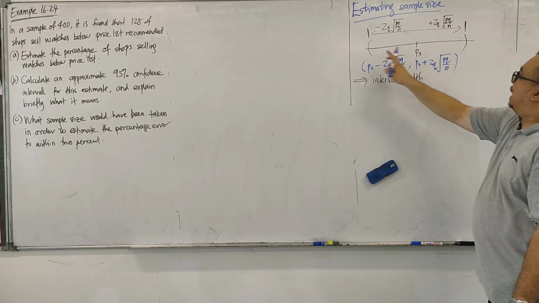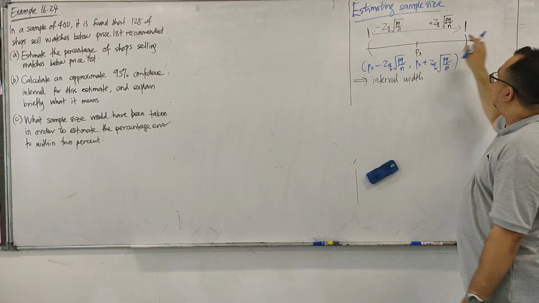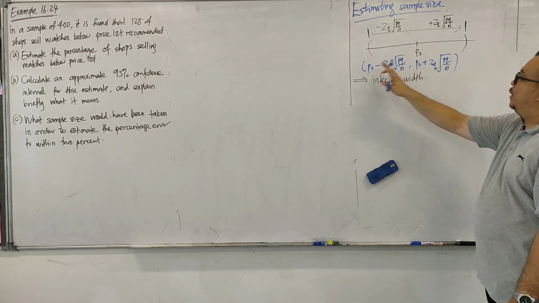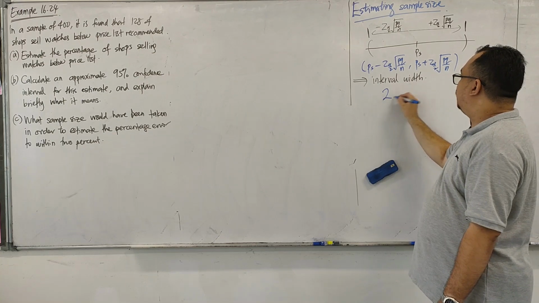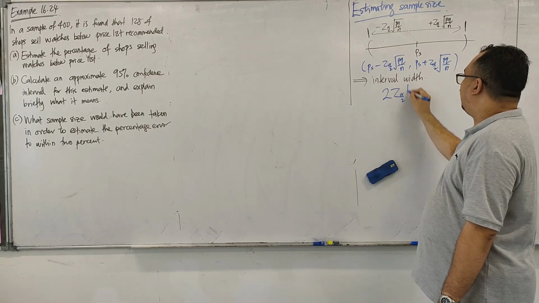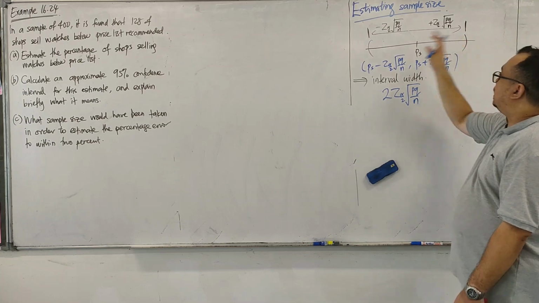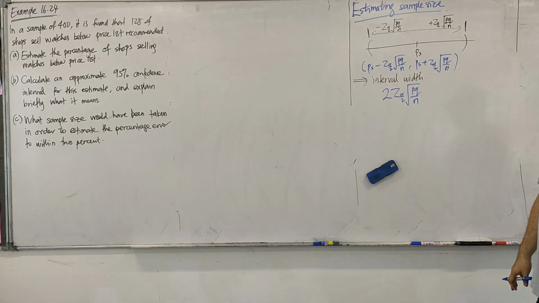Macam mana awak dapat the interval width? Maksudnya daripada yang atas, awak tolak yang bawah. So when you minus, awak akan dapat 2 Z alpha over 2 PQ over N. That is your interval width.